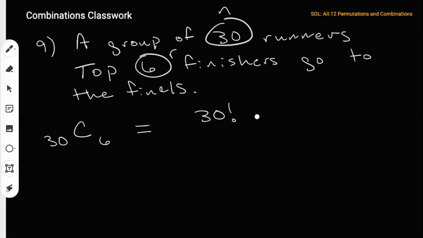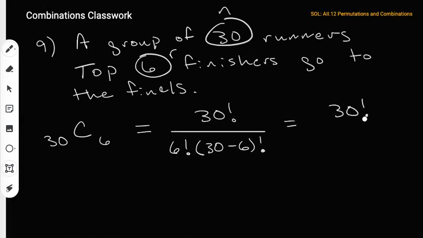So putting it in that formula, I'm going to have 30 factorial over 6 factorial times 30 minus 6 factorial. So that's going to give me 30 factorial on the top, not changing that yet, over 6 factorial times 30 minus 6, which is going to be 24 factorial.